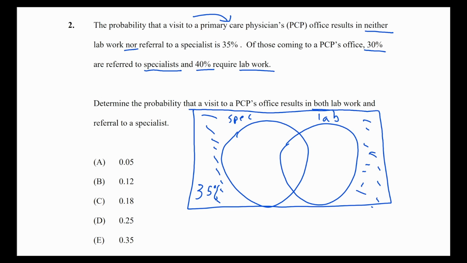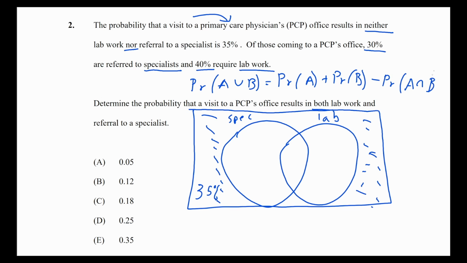If you remember the probability of a union, the probability of A union B is equal to the probability of A plus the probability of B minus the probability of A intersection B.